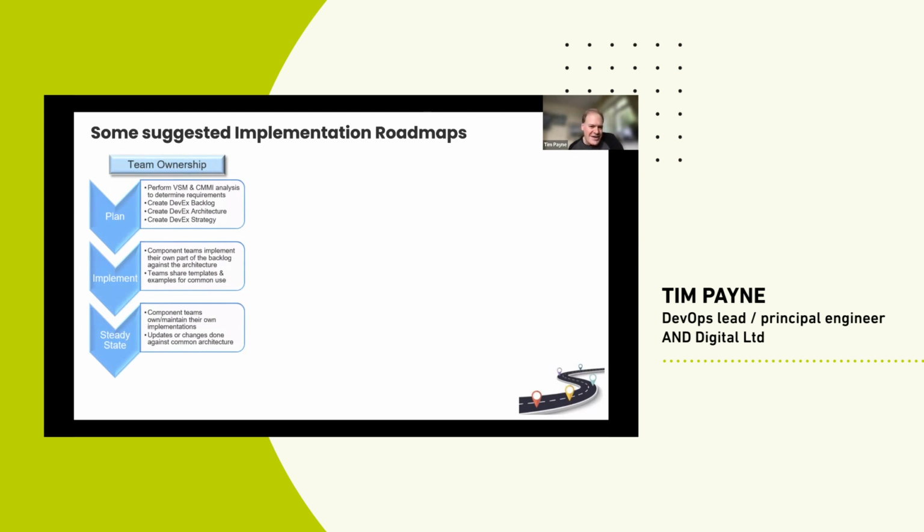They might do a maturity assessment, maybe using a CMMI model or something similar, to determine what type of requirements they have. They will then use that to create a backlog. They may create an architecture, or a DevEx strategy. They will say, what do we need to create?